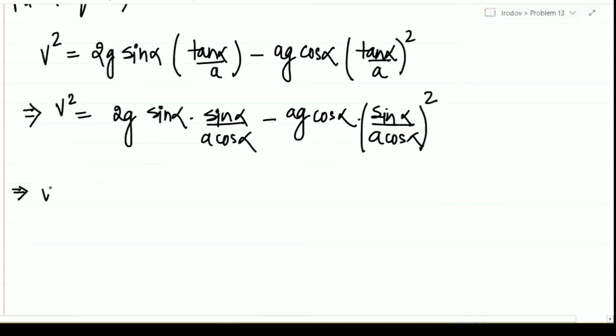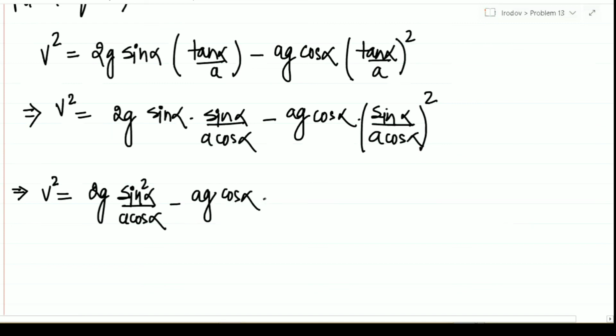So this becomes v square is equal to 2g times sine square alpha divided by a cos alpha, minus ag cos alpha into sine square alpha divided by a square cos square alpha.